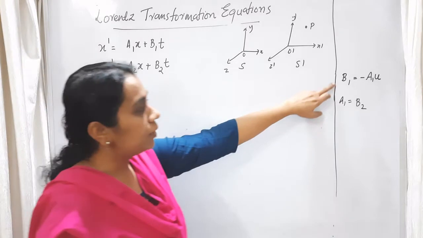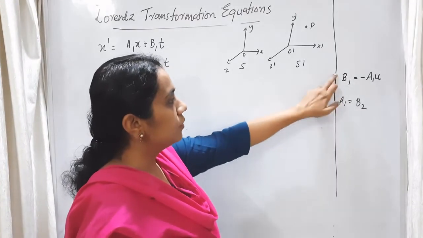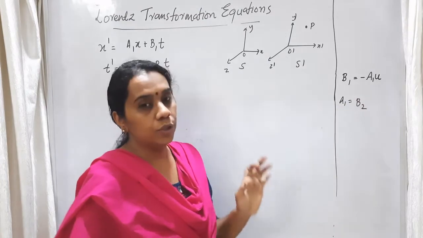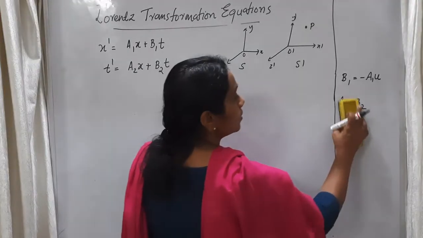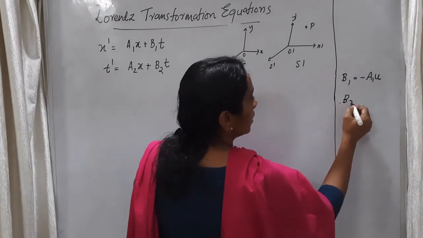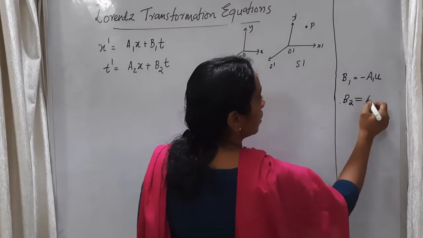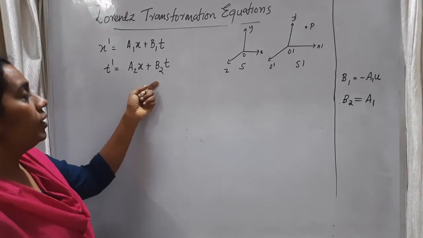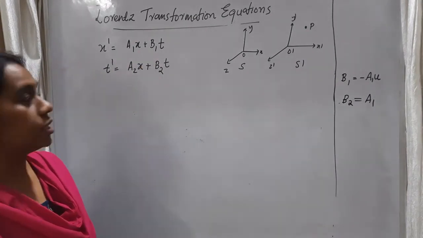We have already obtained the values of these constants, b1 as minus a1u and b2 as equal to a1. Let me write this, b2 is equal to a1. Okay, now let us substitute these values of b1 and b2 in these equations, so that we can eliminate two constants from this.